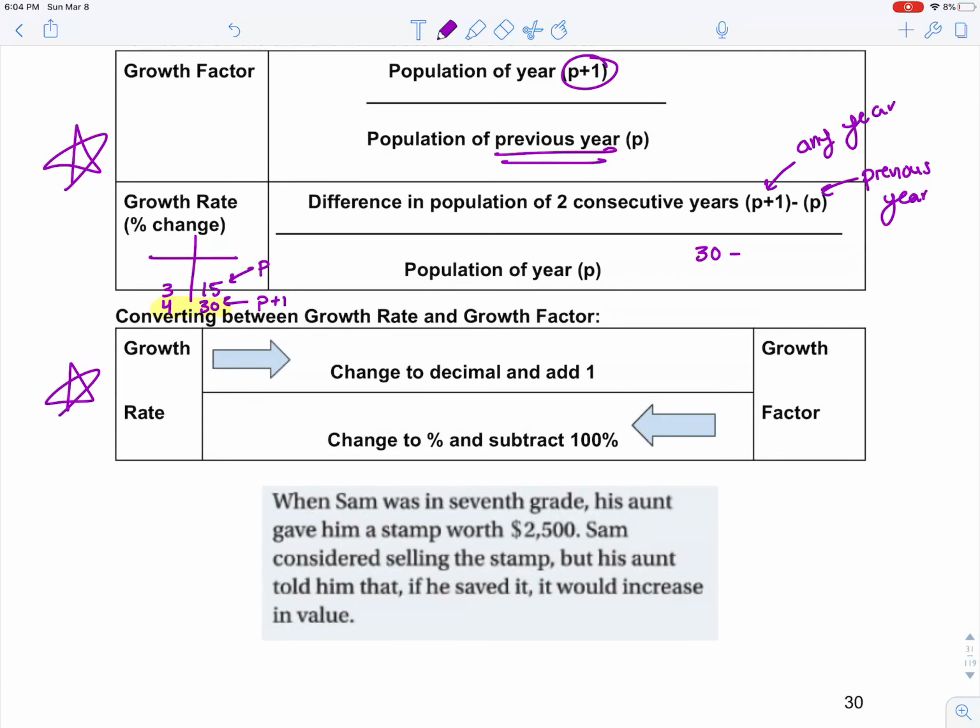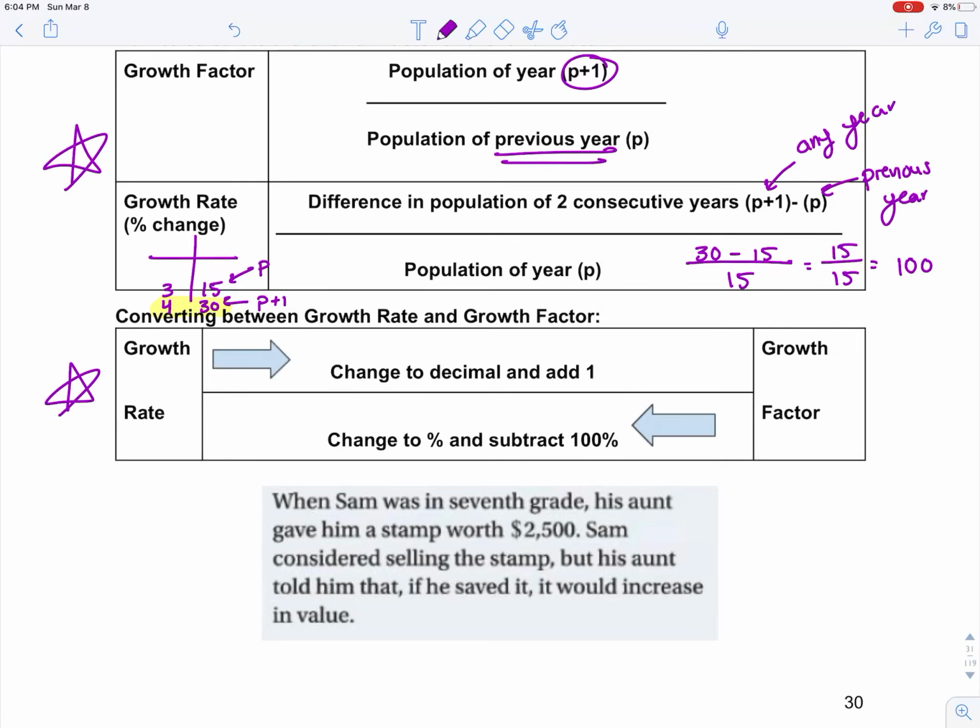So I'm going to do 30, which is P plus 1, minus 15, and then divide by 15, which is my original value here. So 30 minus 15 is 15, and 15 divided by 15 is equal to 1.